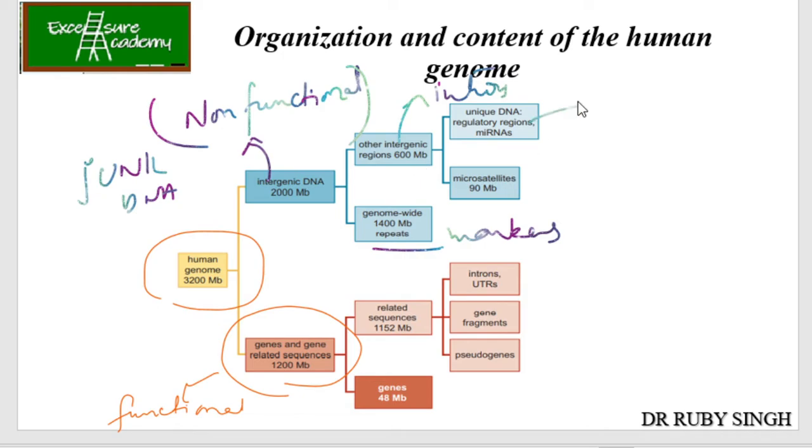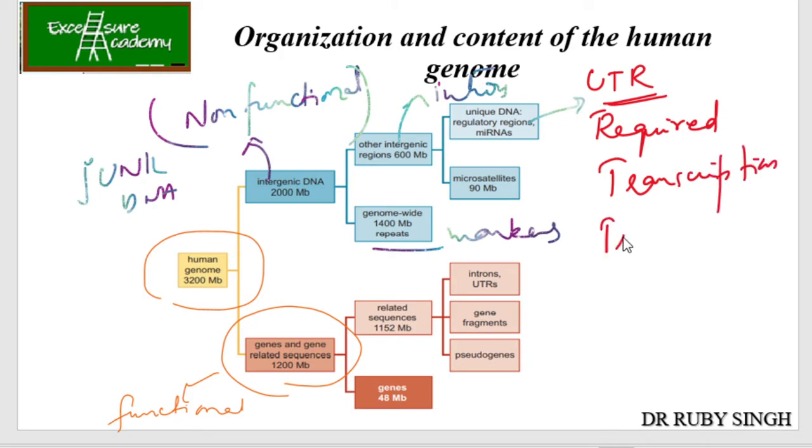Now, regulatory regions, where do you see regulatory regions? You see them in your UTRs. Now, what are UTRs? Untranslated regulatory sequences which are present before the encoded gene, right? So even these are required. These are required during your transcription or translation regulation.